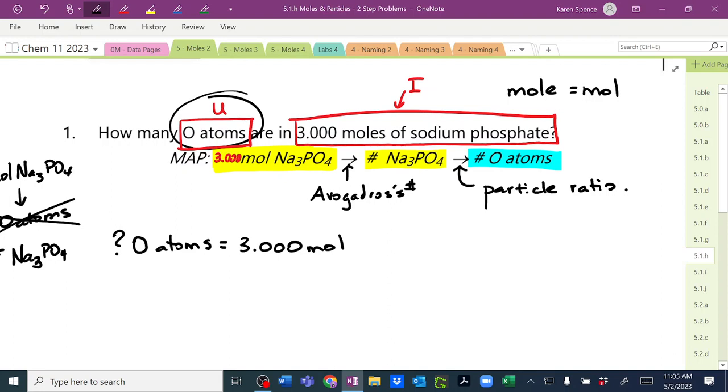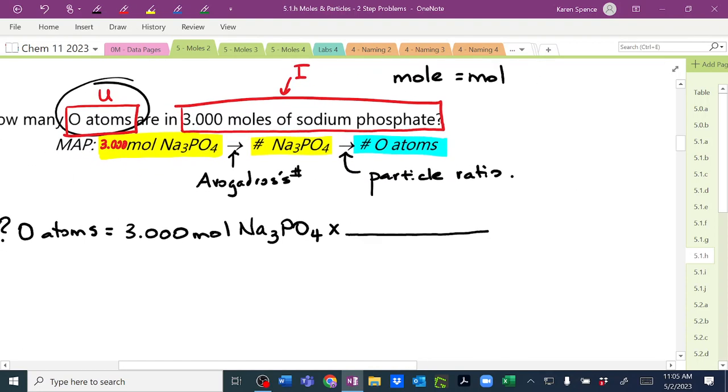So we have 3.00 moles, and you never write moles without saying what you have moles of. Okay, so we have moles of, I don't actually write the word of, but I do write Na3PO4.